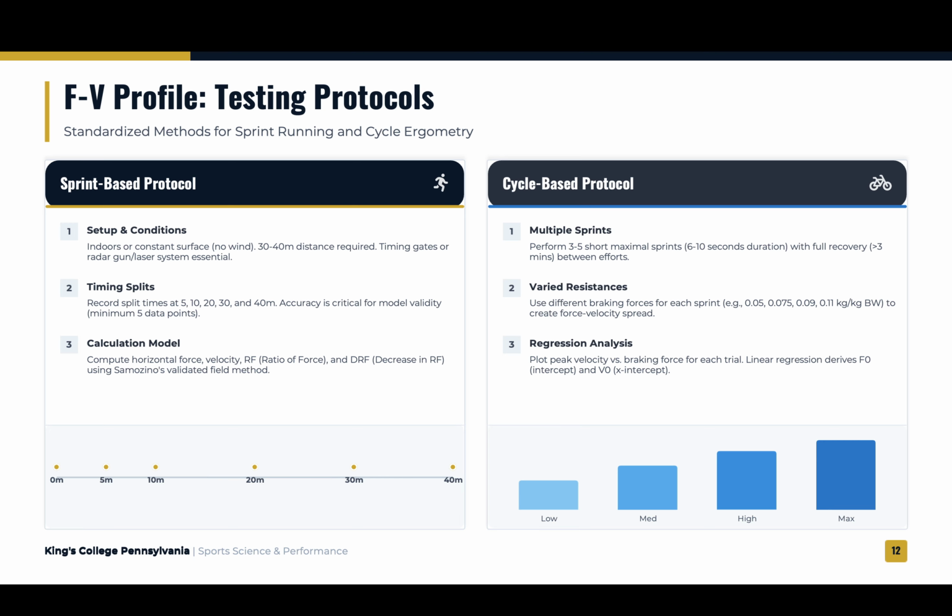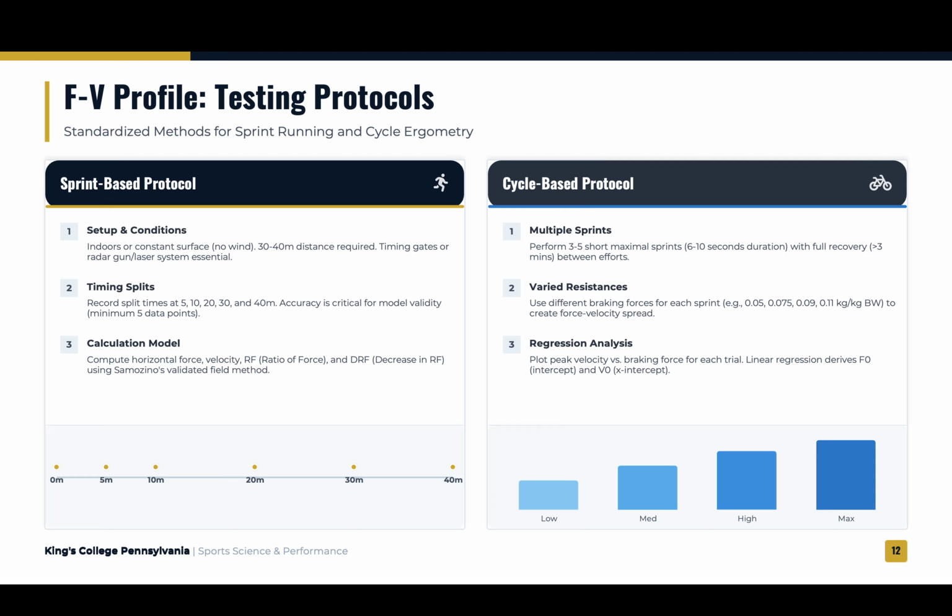The profile and testing protocols. The sprint-based protocol is how you set up. It is an indoor or constant surface, no wind, 30 to 40 meters distance is required, and timing gates or radar or laser systems are essential. For the timing splits, record split times at 5, 10, 20, 30, and 40.